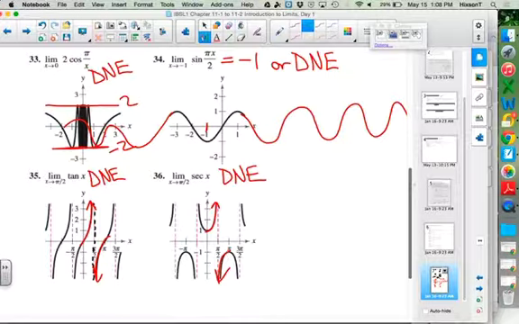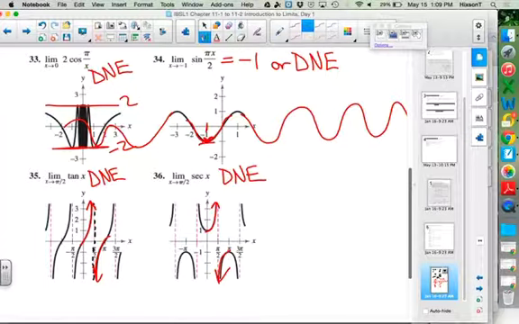Josh, what do you think? Is this oscillating behavior? It sure looks like it goes to -1 on both sides. I'm gonna go with no. So you're saying there's no limit? It wasn't a yes or no question. No limit, okay.